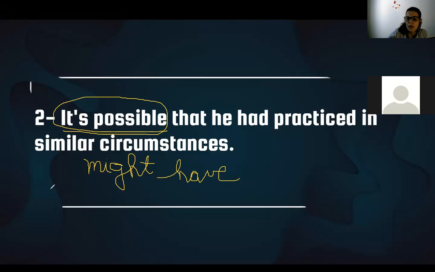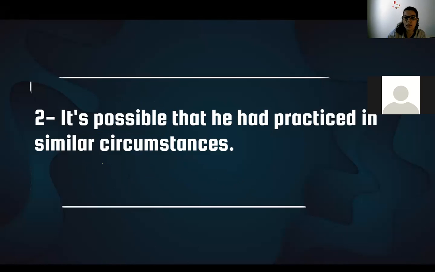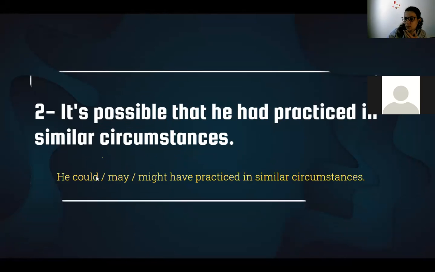Okay, Maria, you are almost right. There are just little things to change. Let's see it. He could, or he may, or he might have practiced it in similar circumstances. Okay.